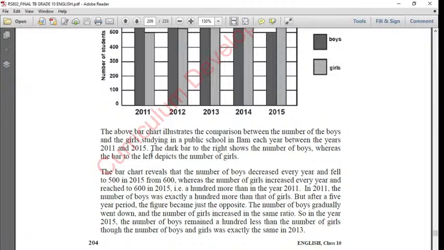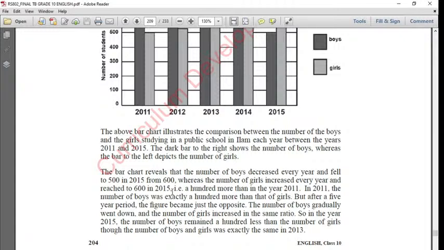The dark bar to the right shows the number of boys, whereas the bar to the left depicts the number of girls. The bar chart reveals that the number of boys decreased every year and fell to 500 in 2015 from 600, whereas the number of girls increased every year and reached 600 in 2015. That is 100 more than in 2011.